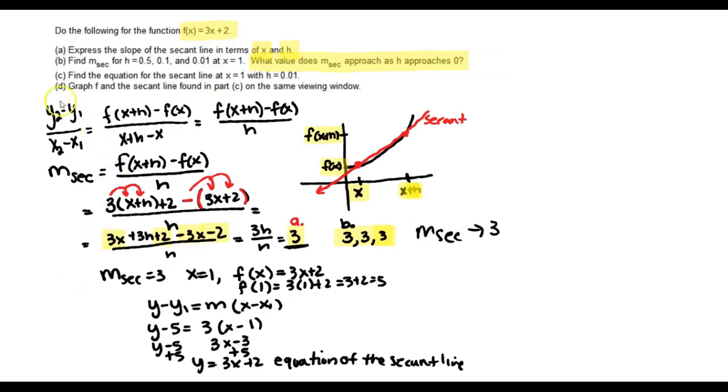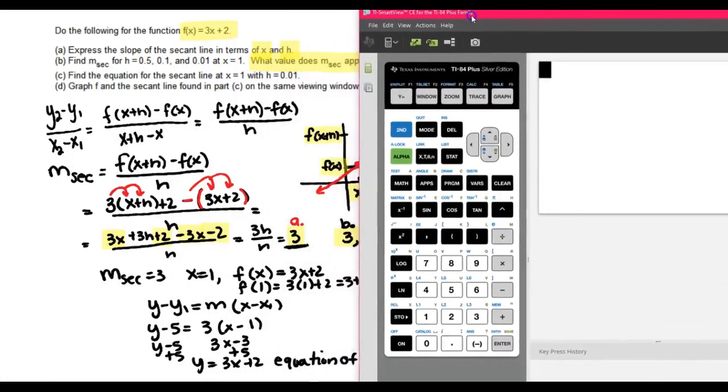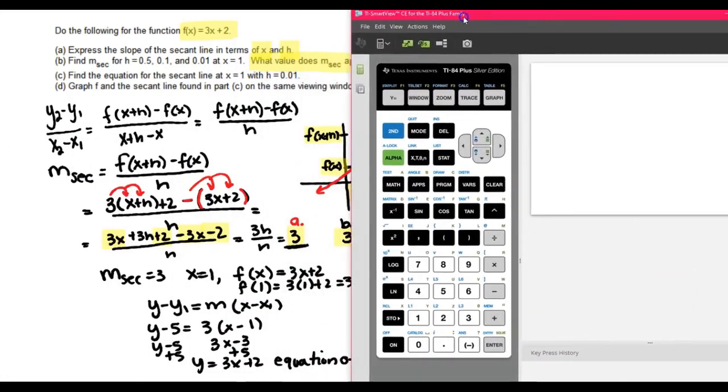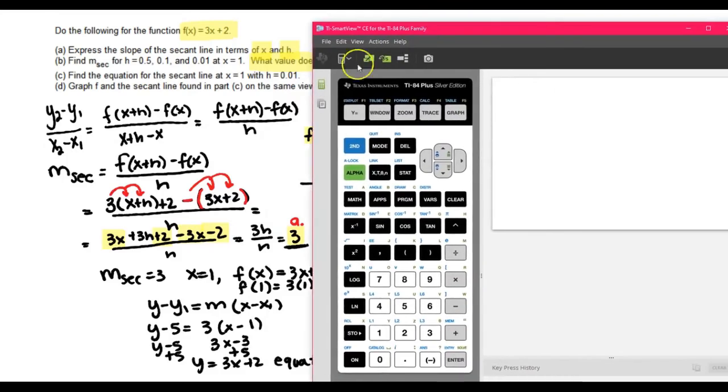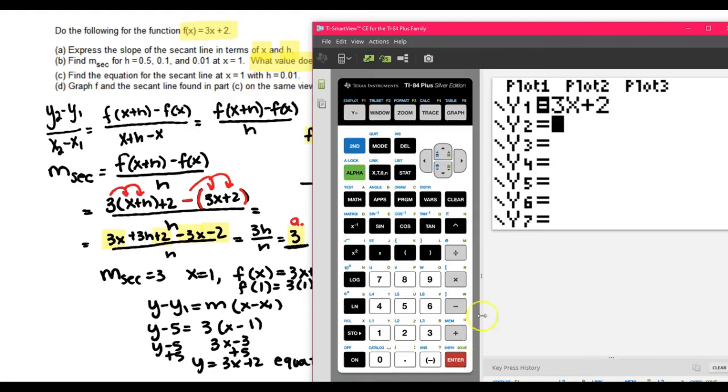Finally, part D, we want to graph f and the secant line in the same window. So I have the graphing calculator right here. And our original function was y equals 3x plus 2. And the equation of the secant line is also 3x plus 2.